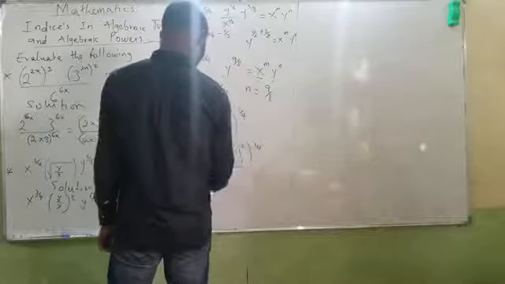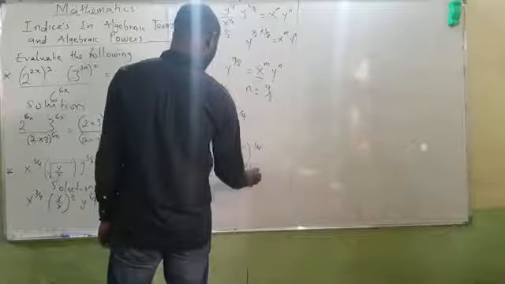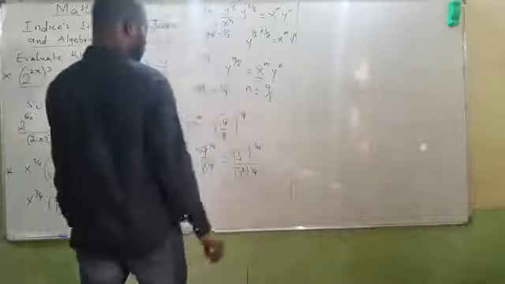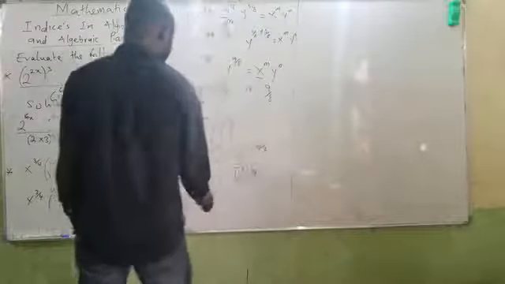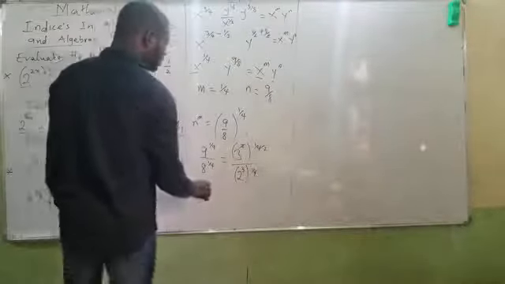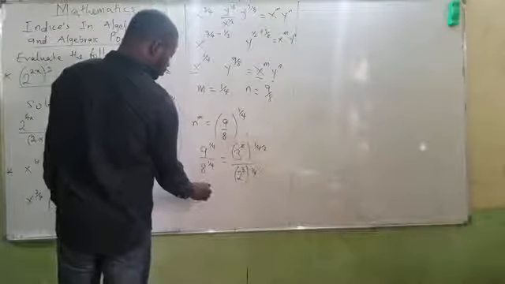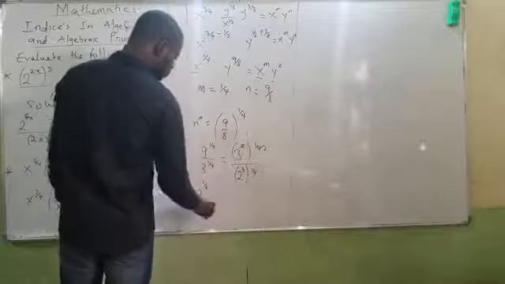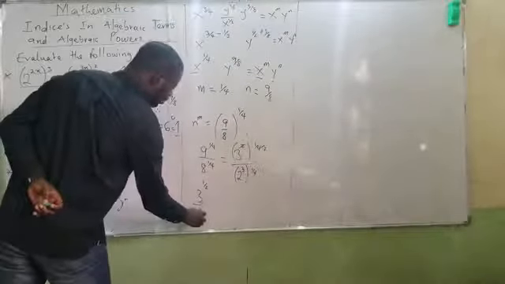I can also say that 2 raised to power 3, bracket of 1 all over 4. Now, I can say here 1, here 2. Now, it means I'll be having 3 raised to power 1 all over 2, divided by 2 raised to power 3 all over 4.